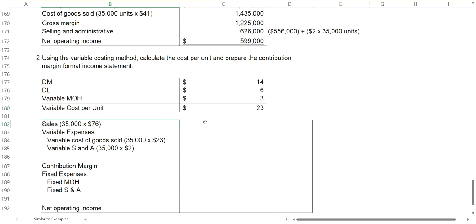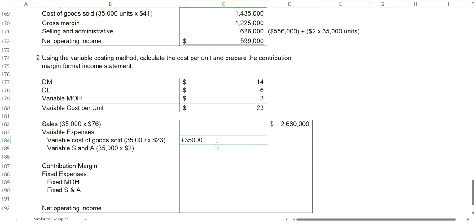Okay, now let's go ahead and put our income statement together. Sales are the same as they were in the absorption income statement. So we would take 35,000 units sold times the selling price of $76. Now, for the variable expenses, remember the variable cost of goods sold is $23 per unit, and we sold 35,000 units.